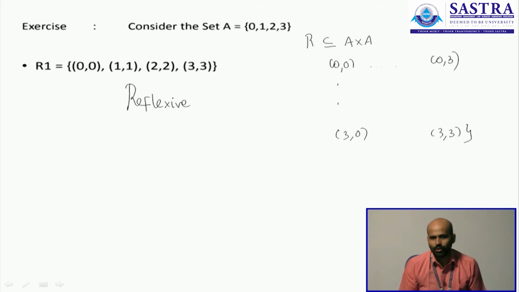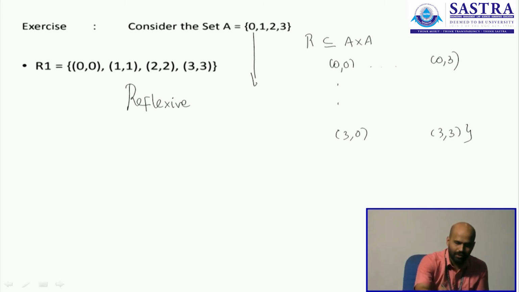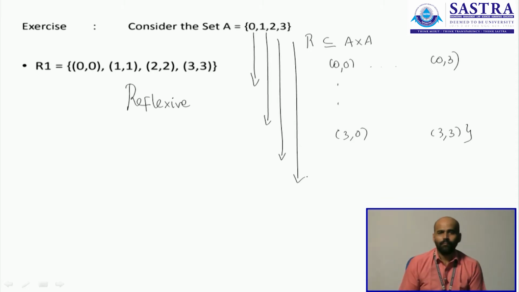How do we say this is also reflexive? Because for every element you have the reflexive pair. 0 is paired up with 0, 1 is paired up with 1, 2 is paired up with 2, 3 is paired up with 3. You have all the reflexive pairs collected together and put into a box. That box is R1, and hence this box called R1, a relation, actually qualifies to be a reflexive relation.